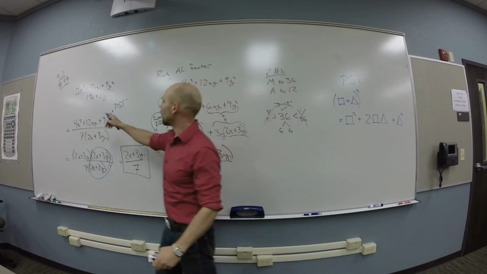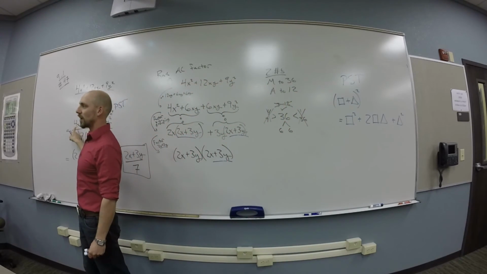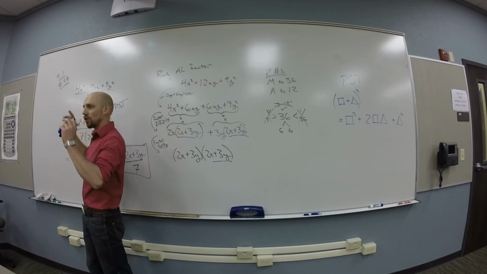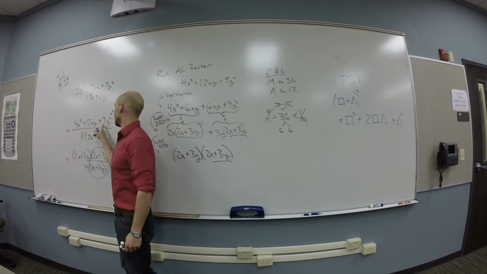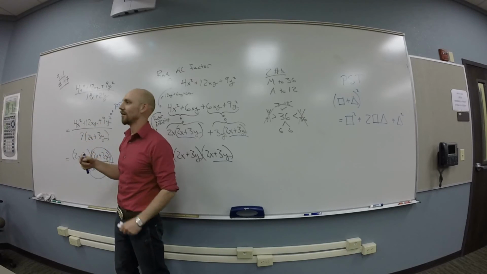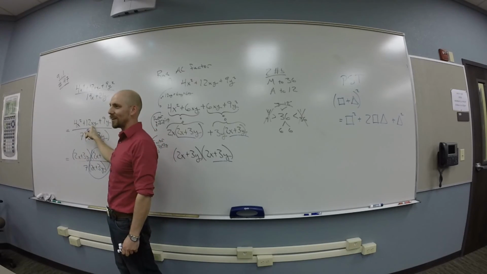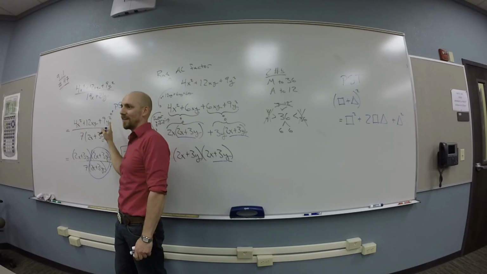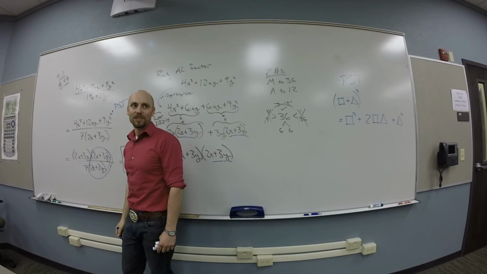That would be a bit hard to notice here, right? Because I'd have to notice that 4x squared is 2x all squared, and that 9y squared is 3y all squared, and then that 12xy is 2 times 2x times 3y. You guys see that?